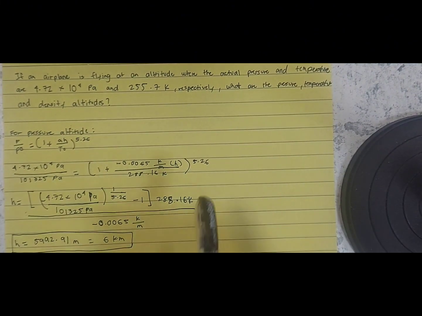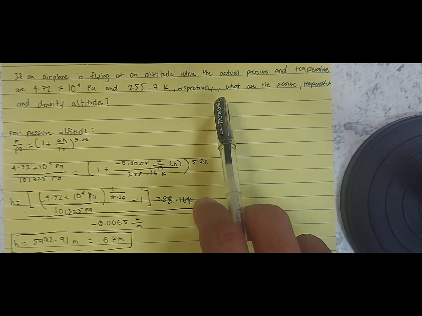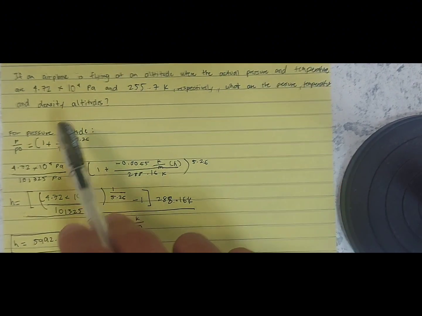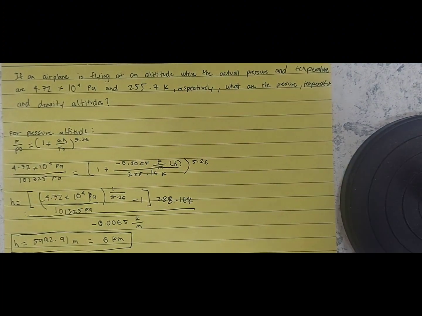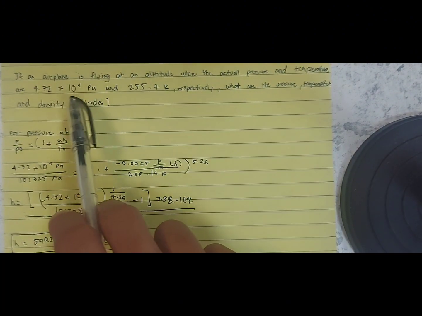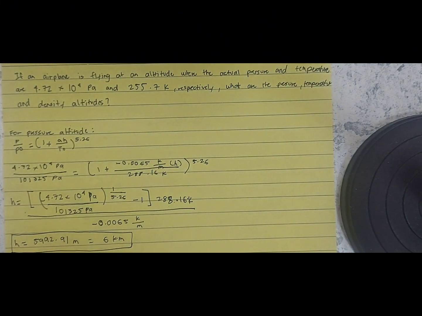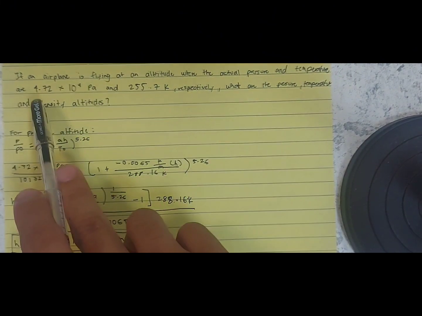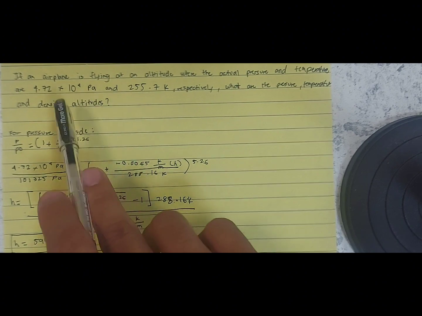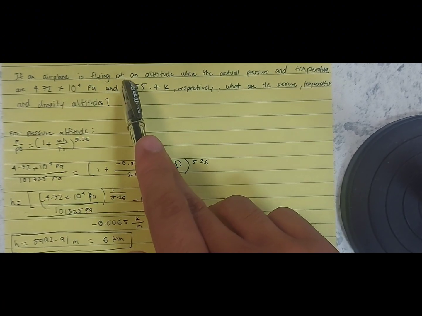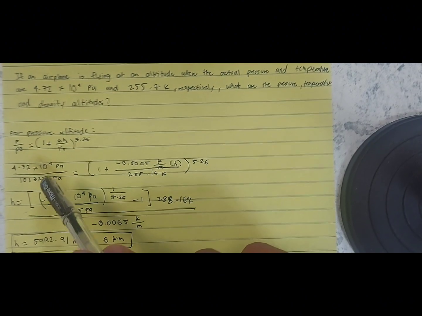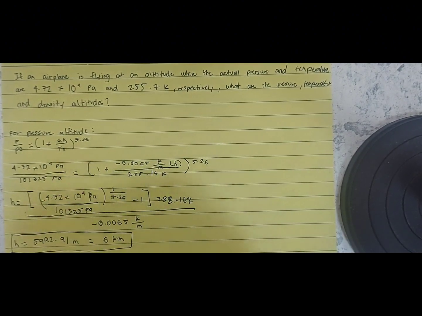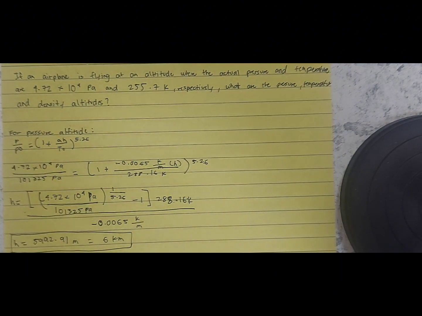So in order to find the pressure, temperature, and density altitude, i-identify mo muna yung given kung nasaang region siya. So based sa given, it is located in the gradient region. So yung magiging working equation natin dito will be derived from the gradient region.